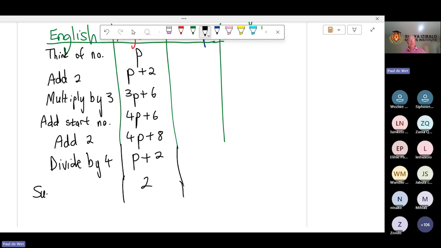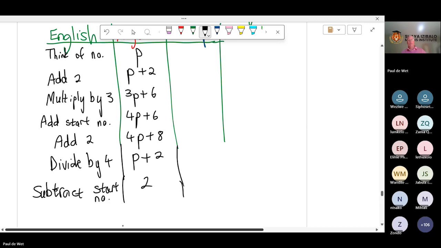I'm subtracting the start number. And what do you think the last thing I should do is to get from there to there? Add 5. Okay, all right, guys, let's have a look.